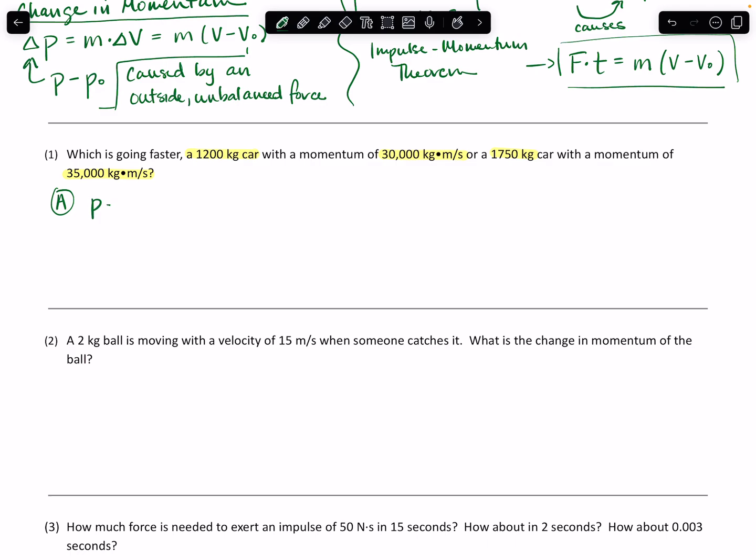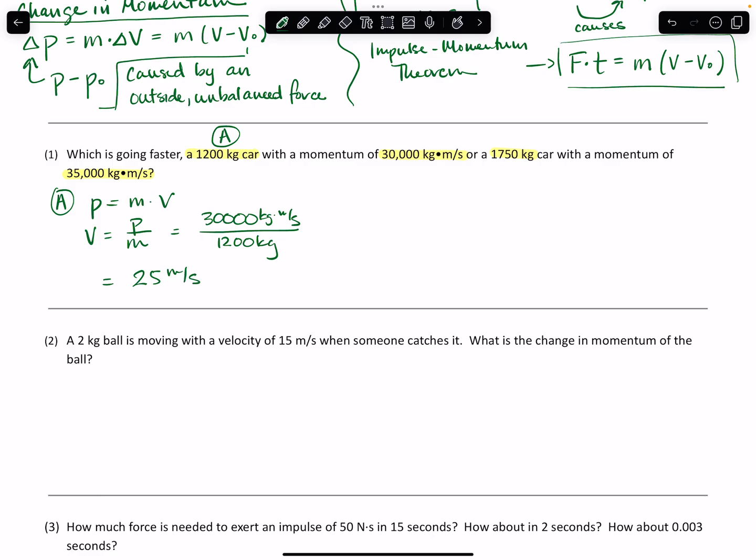So we know that momentum equals mass times velocity, and if we rearrange that, velocity equals momentum divided by the mass. All right, so for cart A, which I'm going to call this guy, we're going to have 30,000 kilograms times meters per second divided by the mass of 1,200 kilograms. All right, so our velocity of this object must be 25 meters per second.